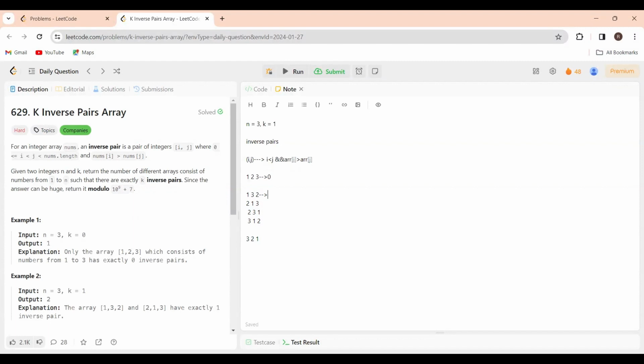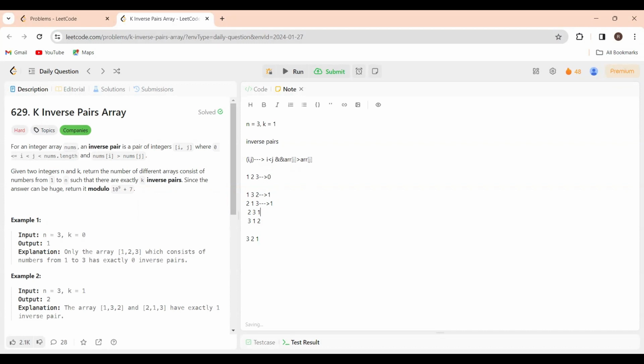So this array has one inverse pair. Now in the next one, 2 and 1 is only one pair.